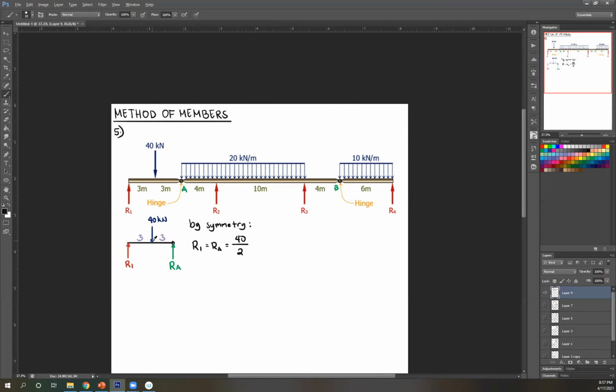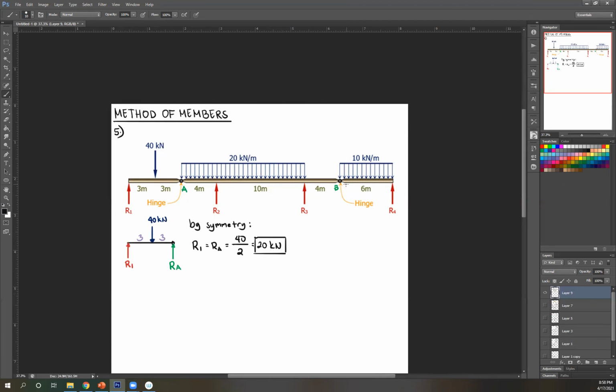All right? Now take note, if there's another external force here, then that's not symmetrical anymore. You're going to have to go through moment, force, vertical, horizontal, okay? But since this is right at the middle, 3, 3, right? It's symmetrical. Right, next. I have solved for R1, 40 over 2, that's just 20 kilonewton. All the directions are already given, so you don't have to think about that.